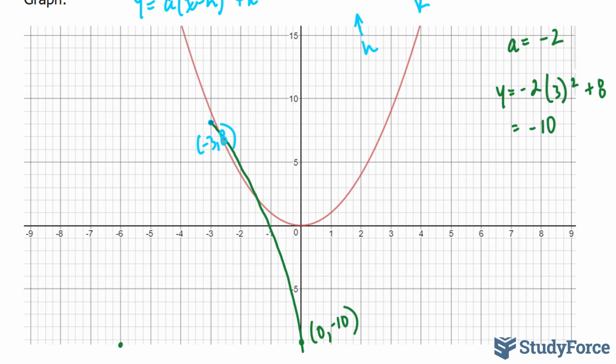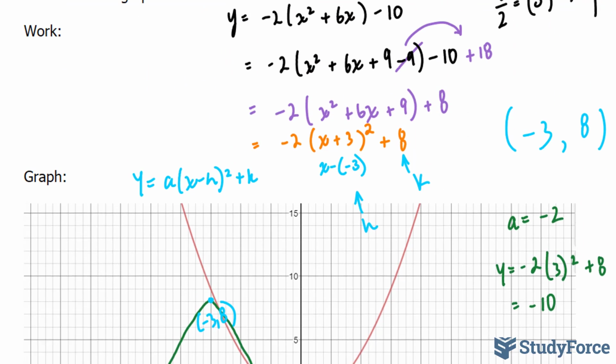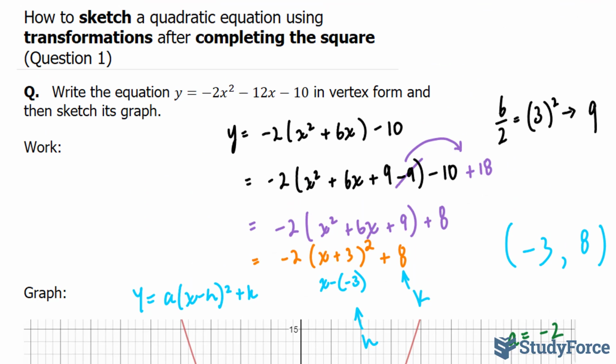So I'm going to connect this point now to this point. This has the coordinates negative 6 and negative 10, and this has the coordinates of 0 and negative 10. And so there you have it. That is how to sketch a quadratic equation using transformations after completing the square.